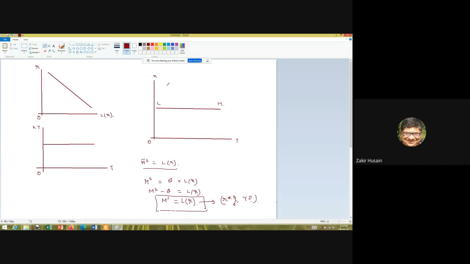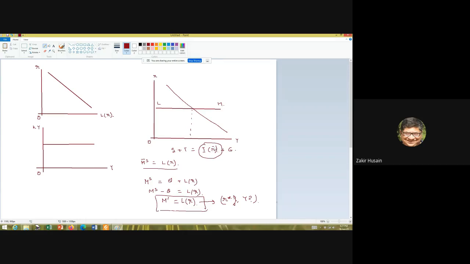Okay, so if the IS curve is like this, Y will be determined only from over here. The IS curve becomes like this. Investment also becomes virtually constant.